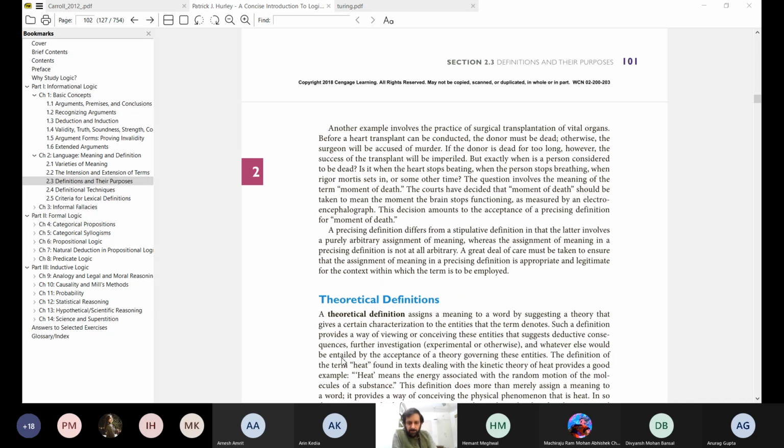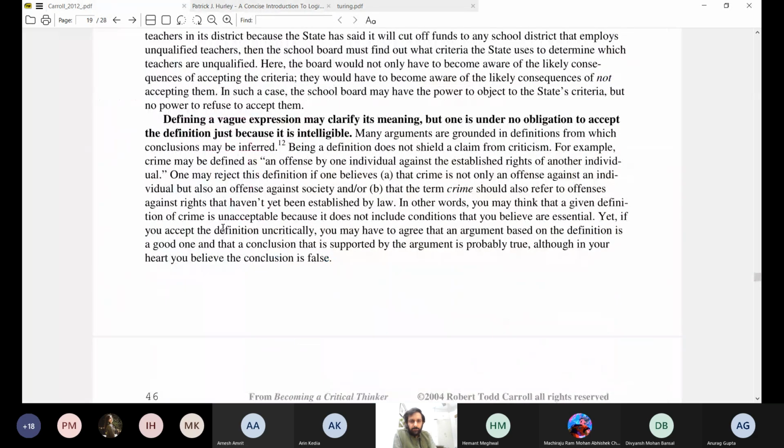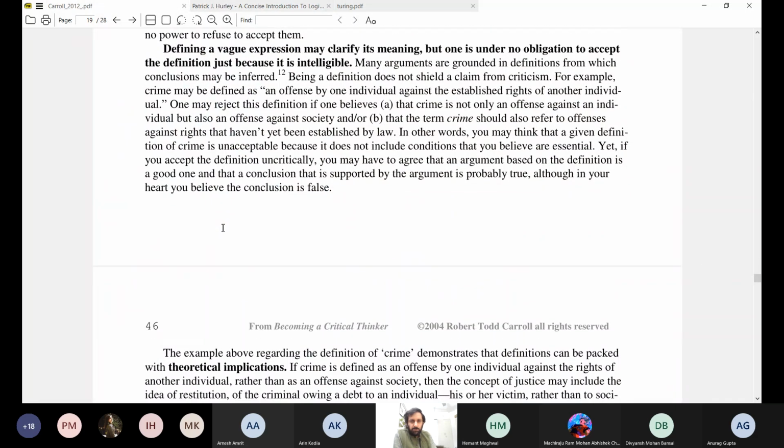is something that Carroll makes clearer than Hurley does. So let me point here, and maybe Arnish, you could continue to read from this, defining a vague expression.